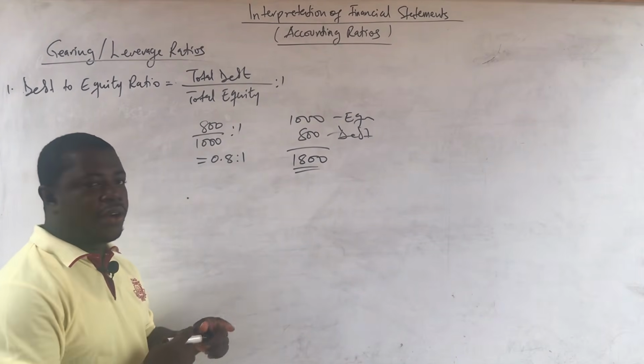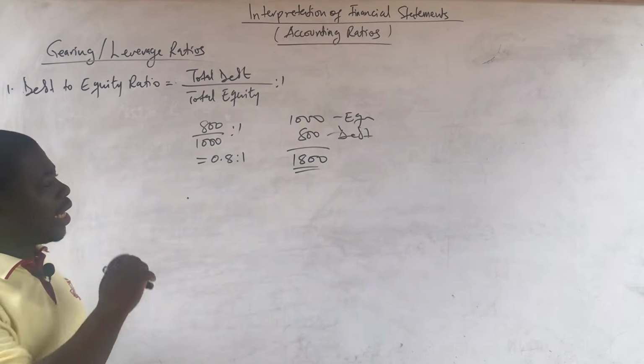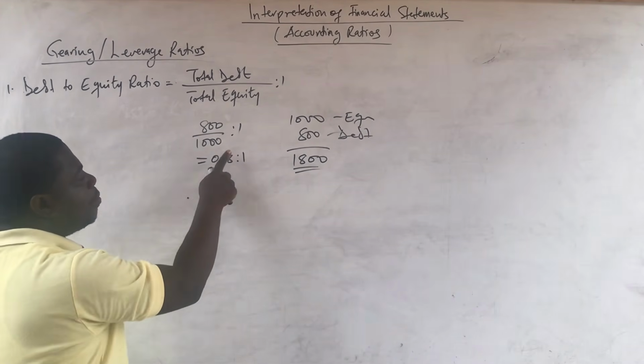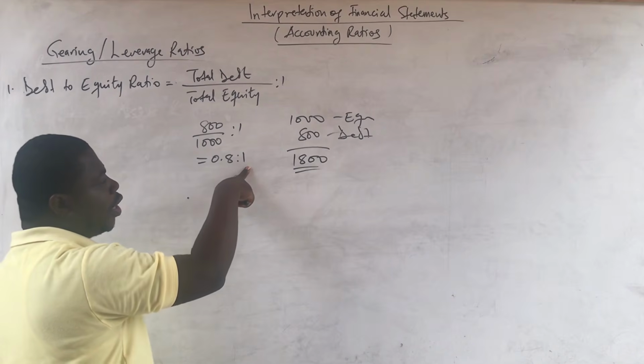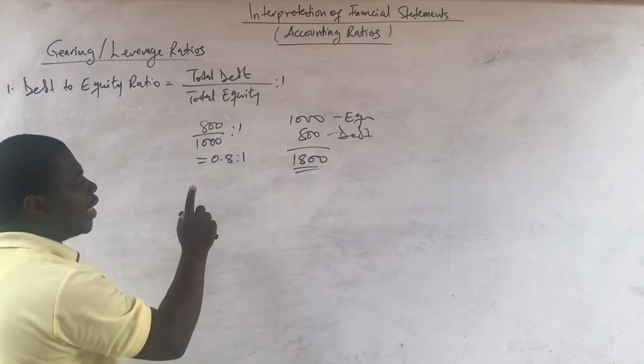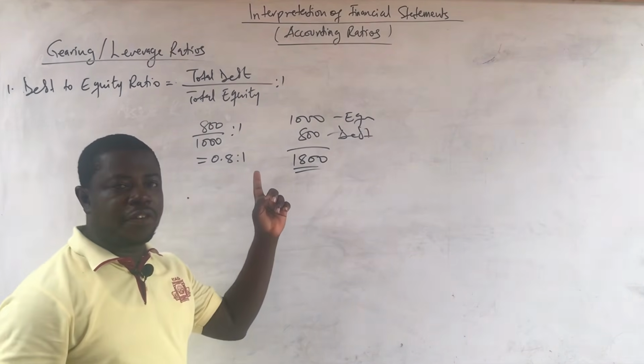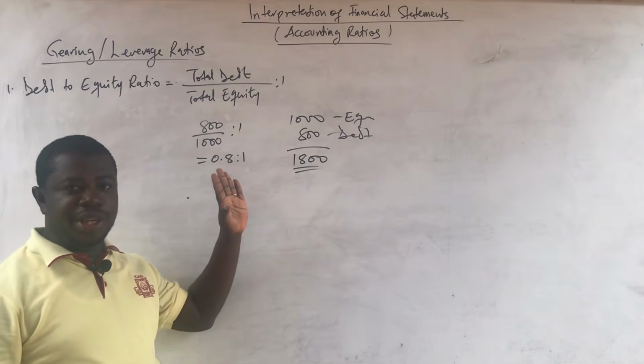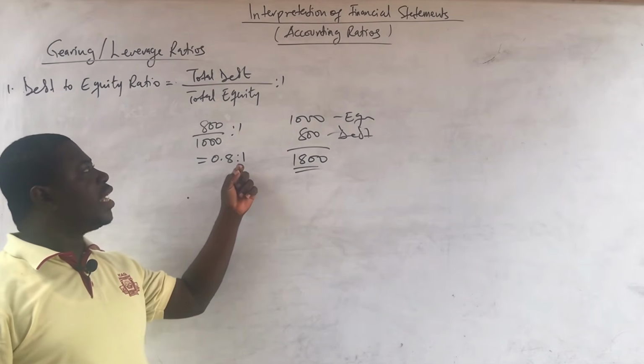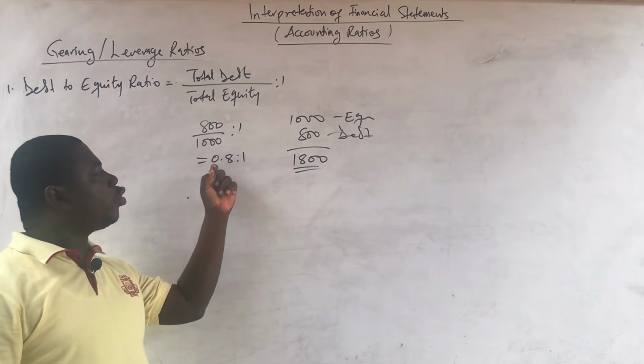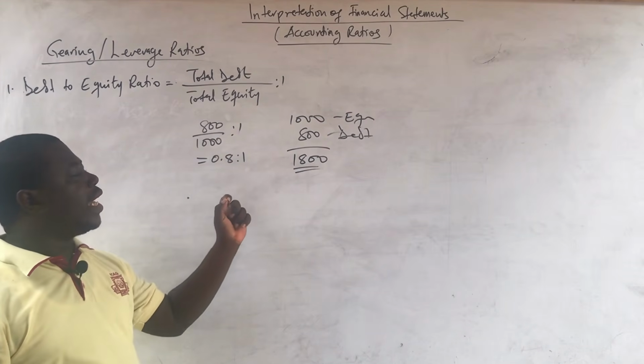So this is how you are going to interpret it. It means that your debt equals 80% of the equity. That is the meaning. So 1 represents the equity, and then it means that your total debt represents 80% of the equity.